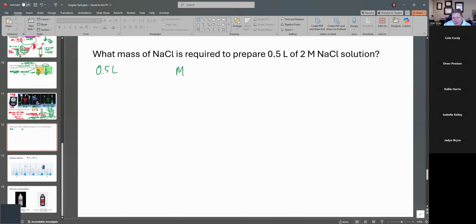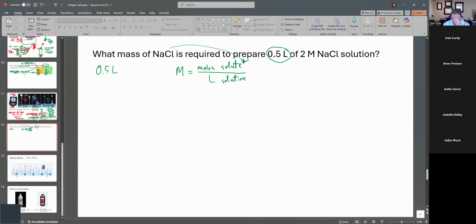Our molarity calculation is going to be moles solute divided by liters of solution. Our question is asking about 0.5 liters, though. Wait a minute, that's a little tricky. So what is the mass? Oh, and then mass of NaCl.